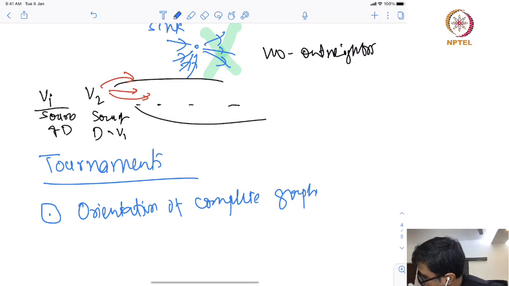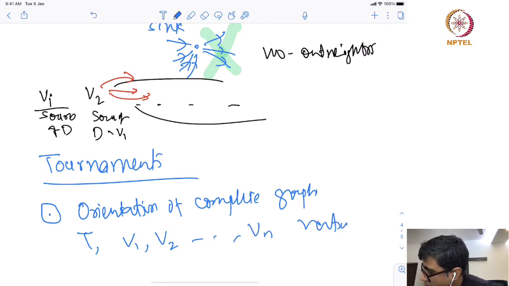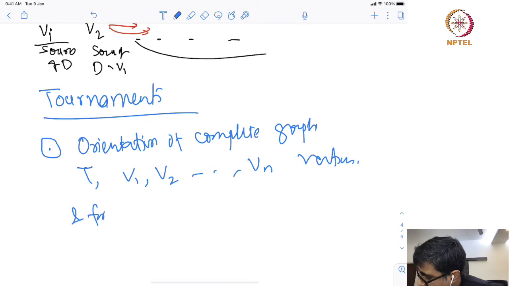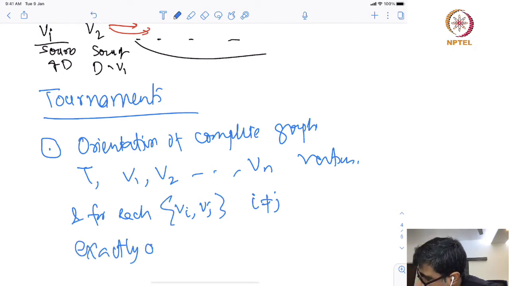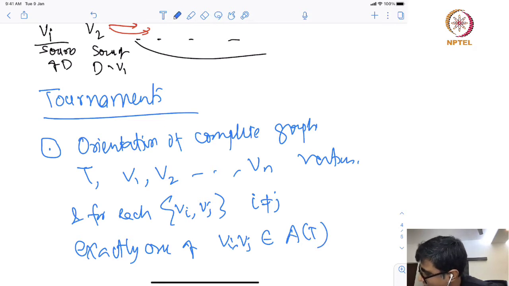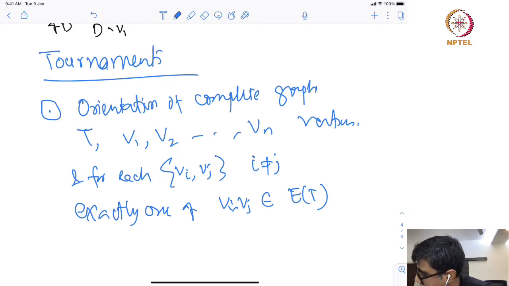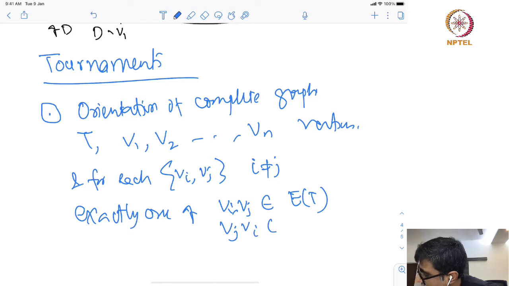In other words, a tournament has vertices V1 to Vn, and for each Vi, Vj with i not equal to j, exactly one of (Vi, Vj) is in the arc set of T, or let us call it the edge set of T, it does not matter, just to avoid confusion. Either (Vi, Vj) is in the edge set of T, or (Vj, Vi) is.